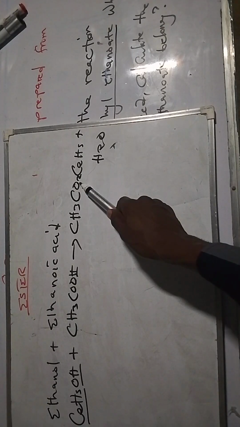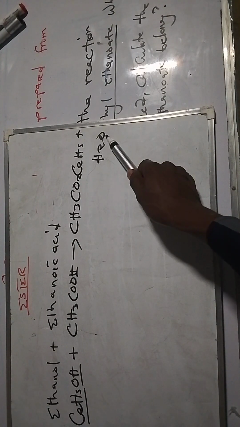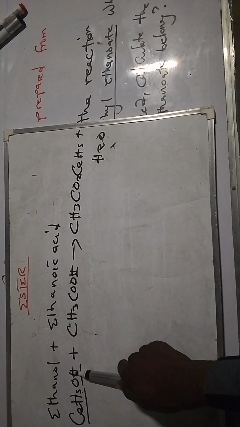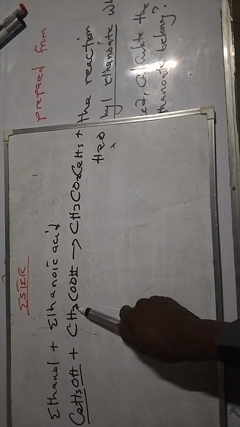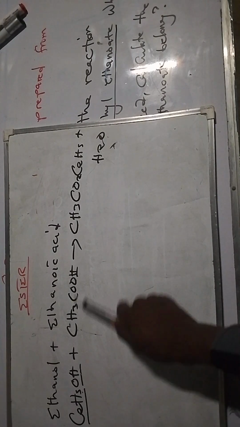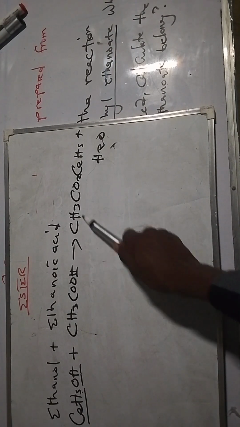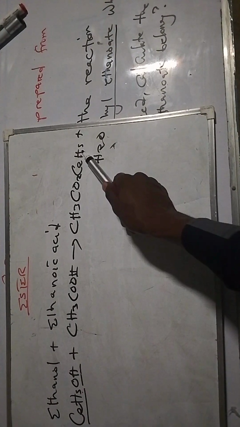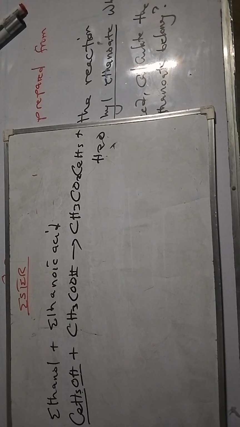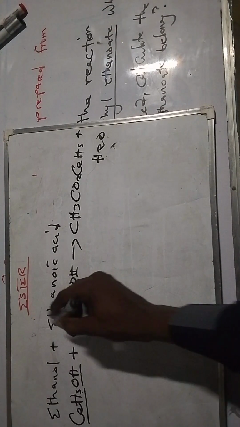Here we have 2 plus 1, which is also 3. Hydrogen, we have 5 plus 1, we have 6, then 6 plus 4, we have 10. Here 8 plus 2, we have 10. So the equation is balanced. Equations involving esters are self-balanced.